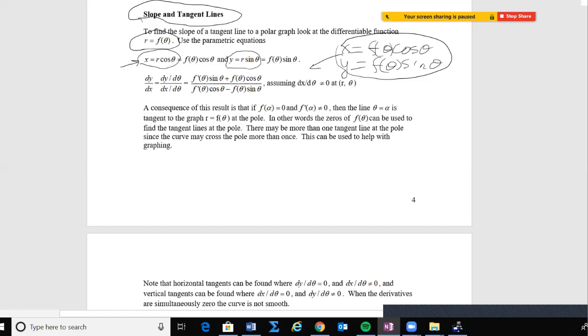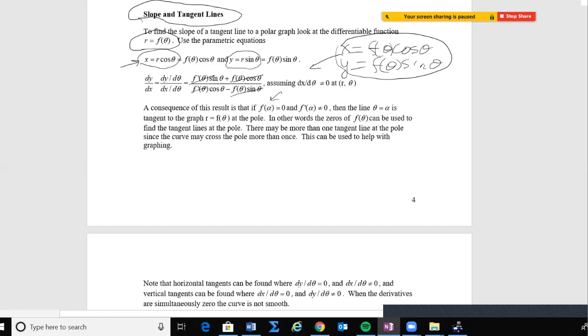If f of theta equals 0, or f of alpha, in other words, this is gone and this is gone, and as long as the derivative is not 0, then this is gone also.